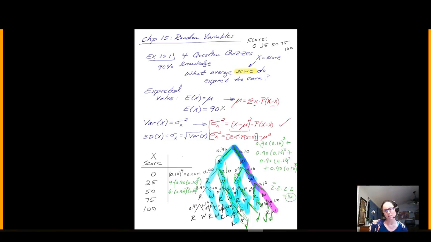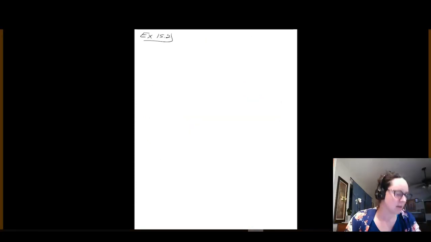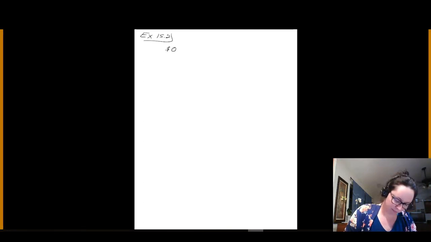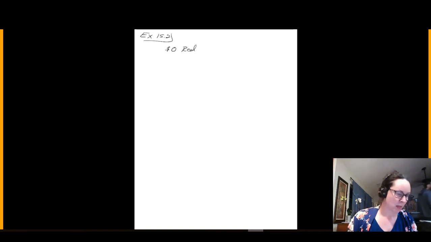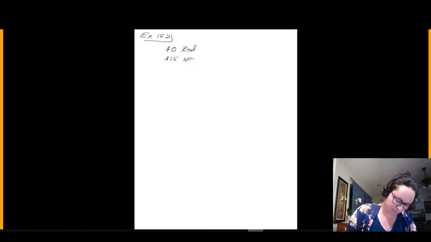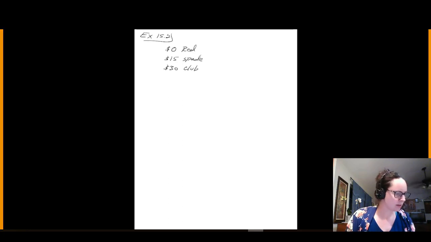Okay, so now let's move beyond some of this tedious stuff and this conceptual development, and let's move a little quicker, okay? And I'll show you some cool things in StatCrunch as well. So the next example is a card game, and it says here, consider a game where you're paid $0 for a red card, $15 for a spade, $30 for a club, and $50 for an ace of clubs.